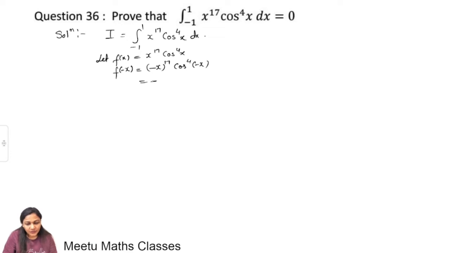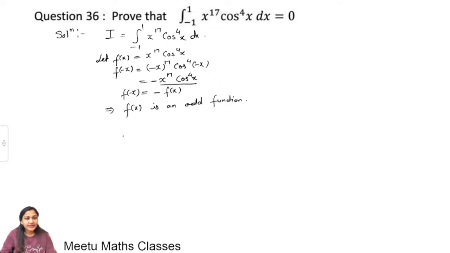That will give you a negative because the power is odd. Minus of x raised to the power 17, cos of minus x is cos x, and raised to the power 4, your cos raised to the power 4x will remain the same anyway. So f of minus x is minus of f(x). That implies your f(x) is an odd function.